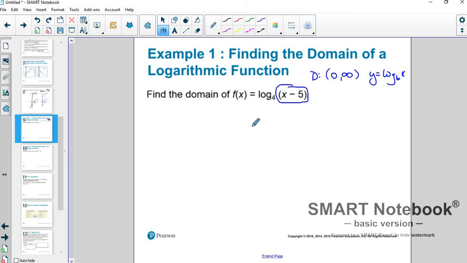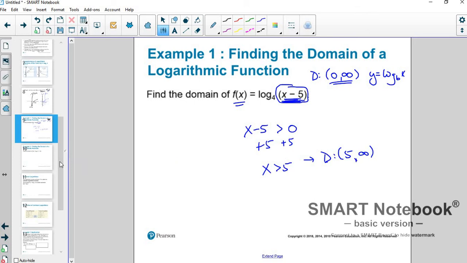Well, then you need that other stuff, x minus 5, you need it to be positive. x minus 5 needs to be greater than 0, not greater than or equal to, but greater than 0. And so what you do is you set whatever's inside the log greater than 0, and then you solve. You get x greater than 5 in this case, and so that tells me that the domain of this function f of x is 5 to infinity.